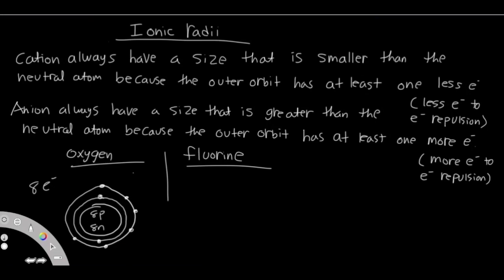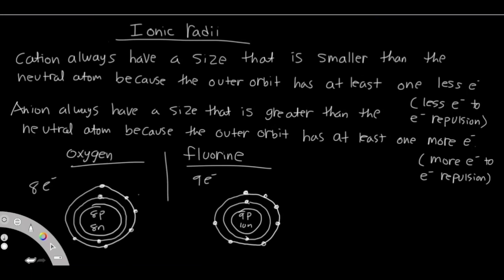Good. We'll do the same thing for fluorine. Fluorine has 9 protons. It's going to have 10 neutrons. We need to draw 9 electrons. There we go.